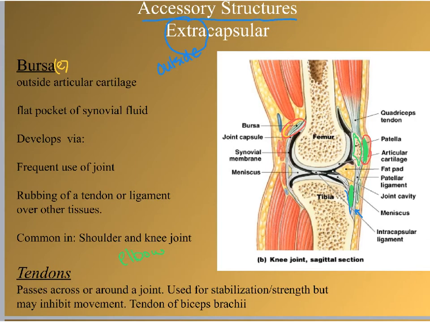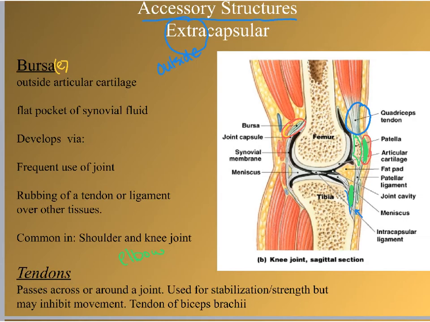Another accessory structure that we find outside of the capsule, an extracapsular structure, are tendons. Well, that makes sense, right? We know that tendons anchor muscle to bone, and where two bones come together is a joint. So, for instance, here's the quadriceps tendon, and the patellar ligament.